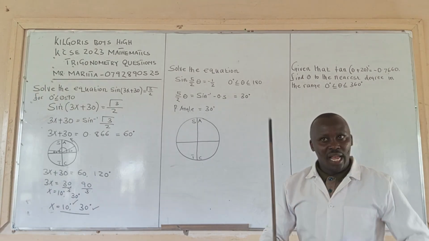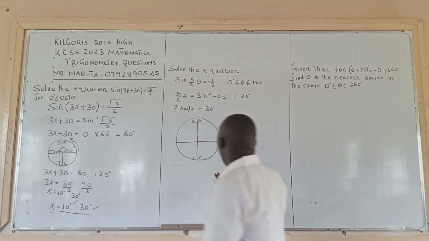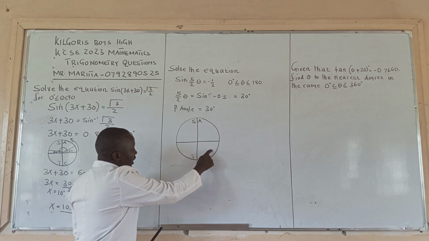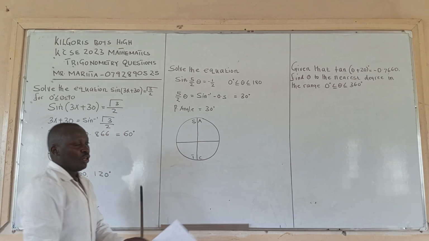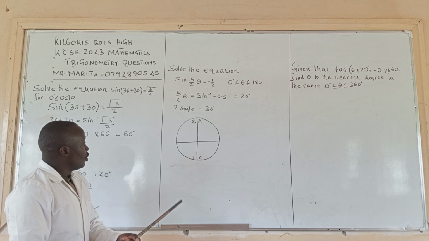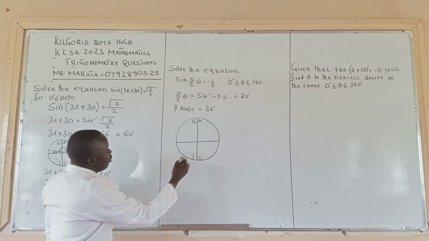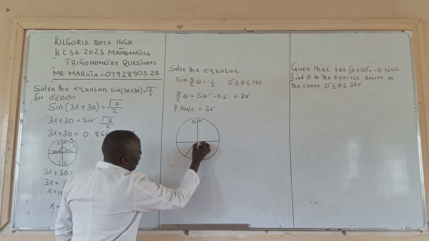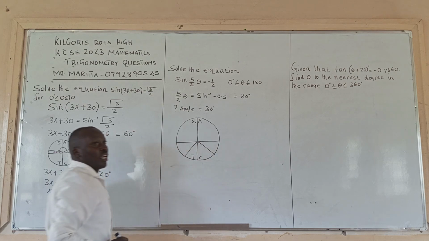So where does it lie in this quadrant? Sine is negative in the fourth quadrant and the third quadrant. So we are getting them here. So sine is negative here, and also sine is negative there.